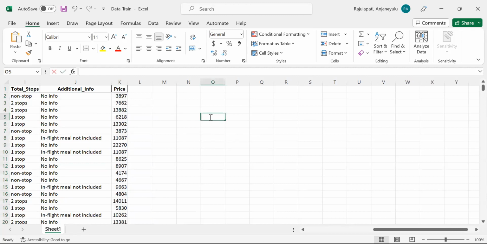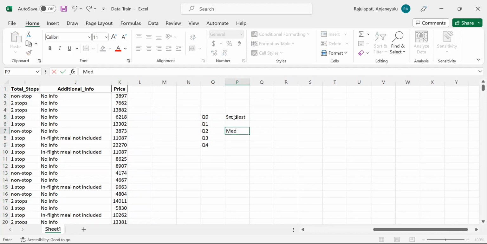What are the 5 elements I want? I want to find Q0, Q1, Q2, Q3, and Q4. Q0 means the smallest element, Q2 means your median element, and Q4 means your largest element, the maximum element.